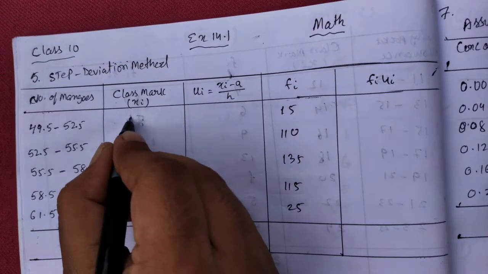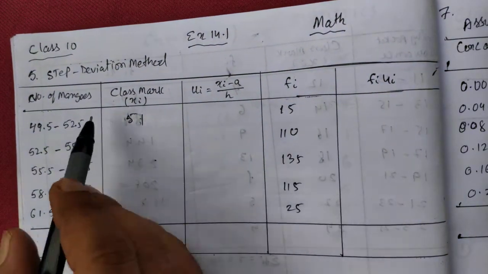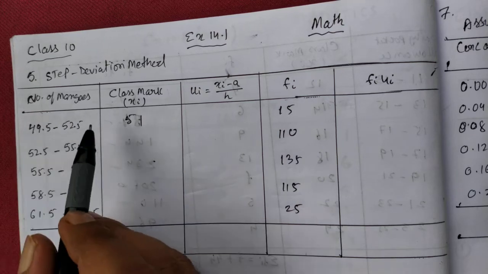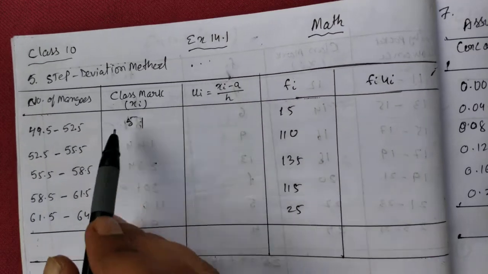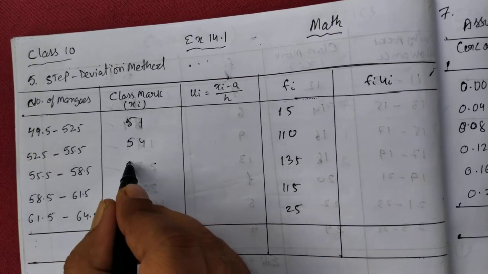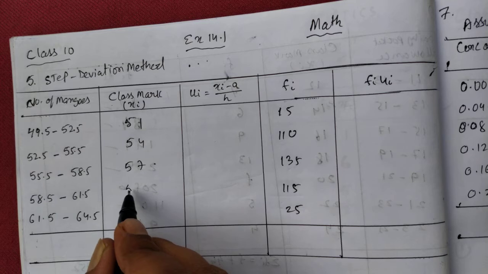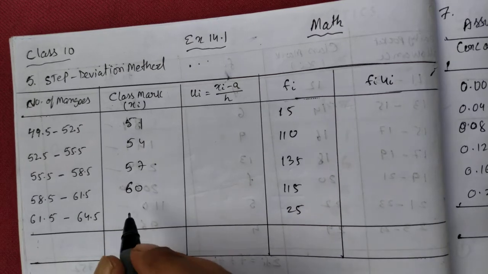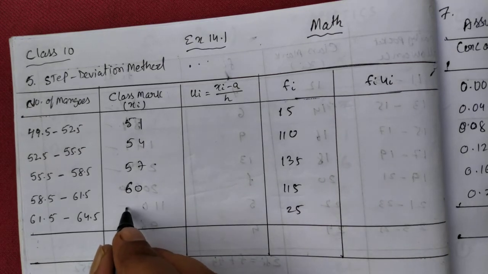So the class mark is 51 here. The difference is 3, so we just add 3 each time: 54, 57, 60 and 63.